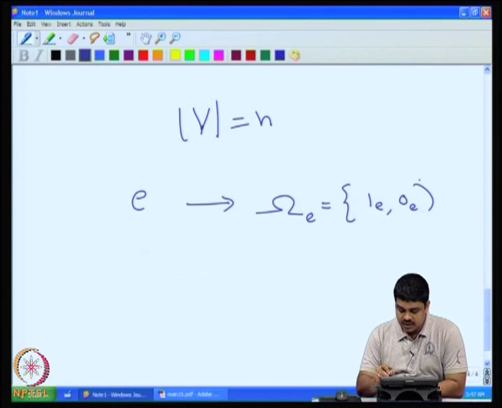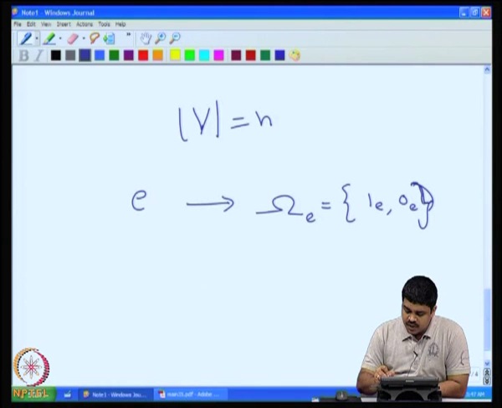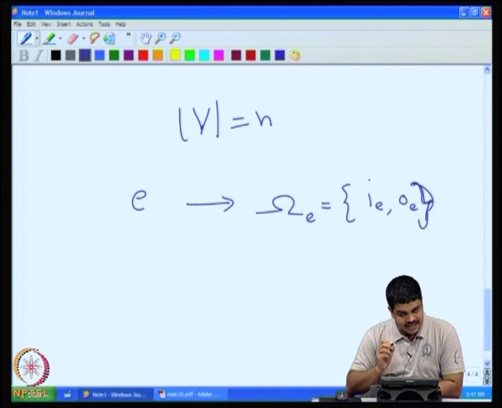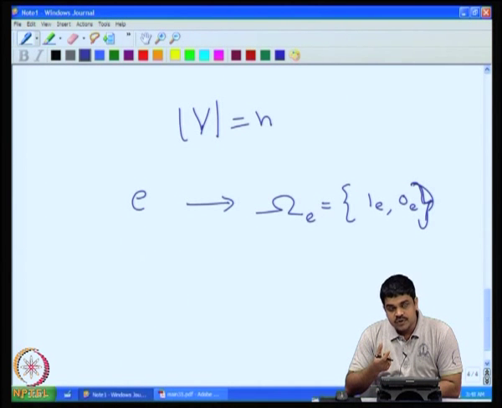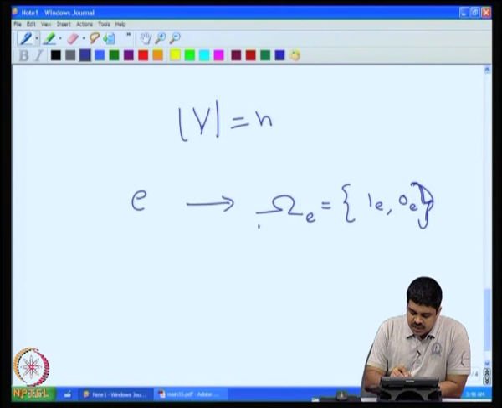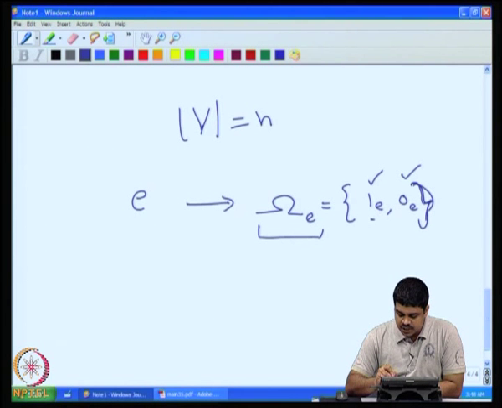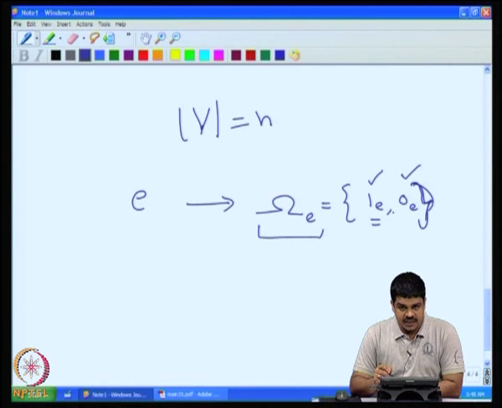What does it mean? 1 e is the outcome which tells us that the edge is selected, because we are going to finally create a graph by selecting some edges and not selecting some edges. So we are defining a probability space with a given edge where the outcomes are 1 e and 0 e. 1 e denotes that that edge is selected.